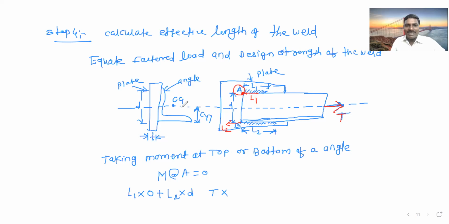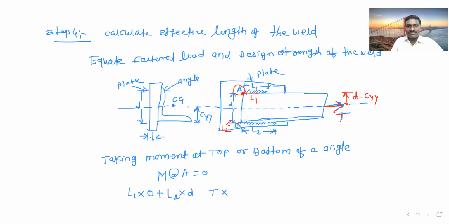D minus CYY. हा जो CG आहे तो D by 2 वरती नाहीये. बरोबर आहे की sir. सीजी हा D/2 वरती असेल कशावरून? मे बी डिफरंट लोकेशन असेल. डेप्थ माहित आहे, हे डिस्टन्स माहित आहे, रिमेनिंग डिस्टन्स कोणता आहे हो? So this distance is D minus CYY, correct?